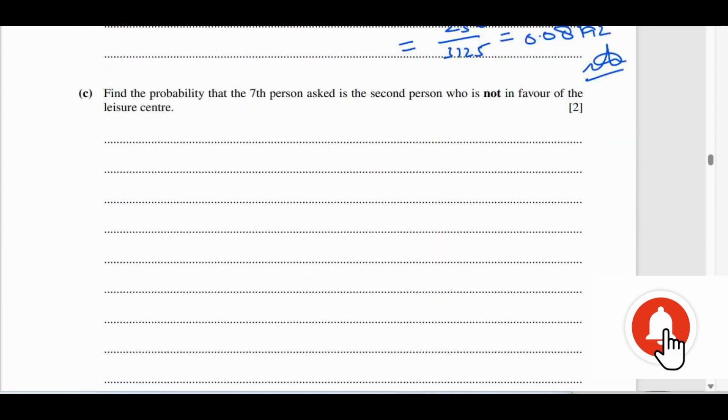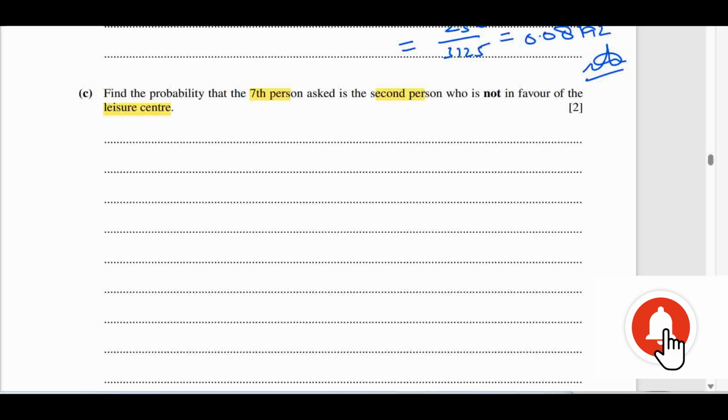The next part is to find the probability that the seventh person asked is the second person who is not in favor of the leisure center. So what does it mean? It means that this is not the geometric distribution and this is not the binomial.